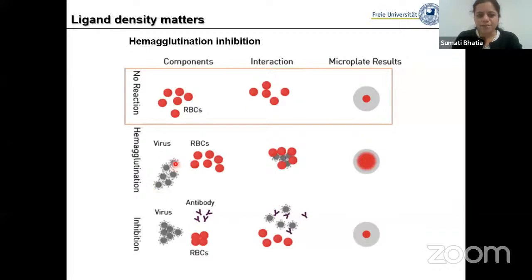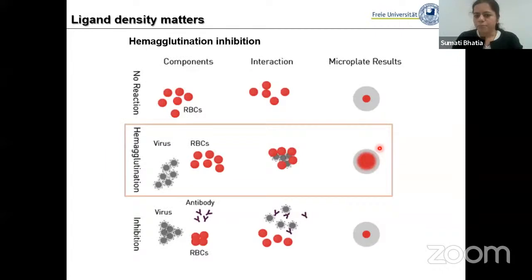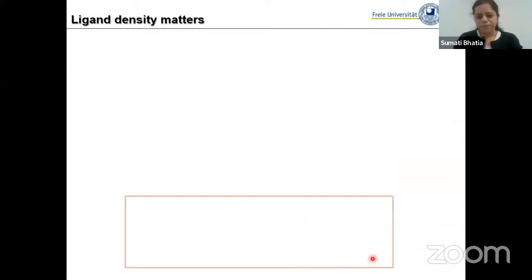But if there are viruses present with the red blood cells, because viruses interact with sialic acid, they will interact with the red blood cells, and the red blood cells will not form a pellet, but will be shown as a smear, like a spread-out gel-type structure on the surface. And now if you have an antibody or an inhibitor which can bind to the viruses and inhibit the viruses from binding with the cells, then you again see a pellet, right?